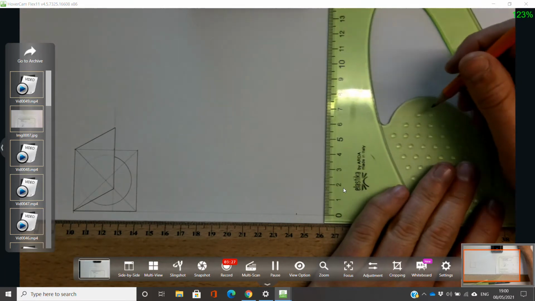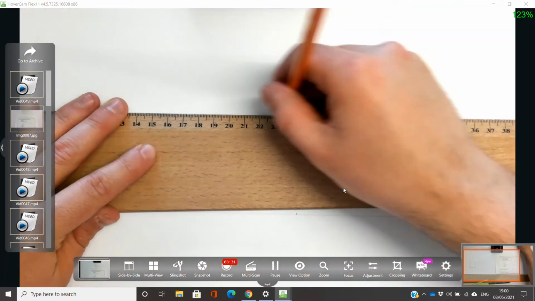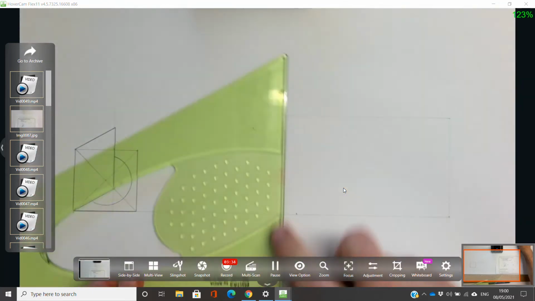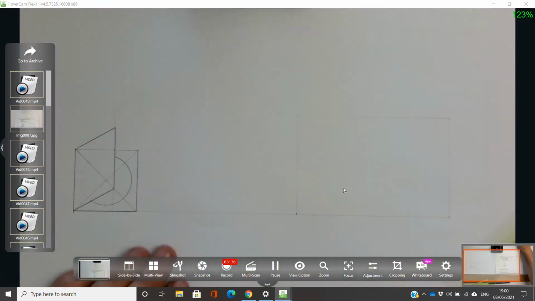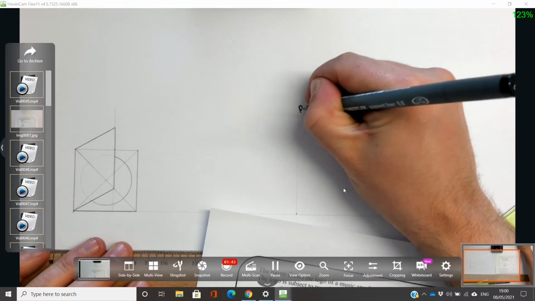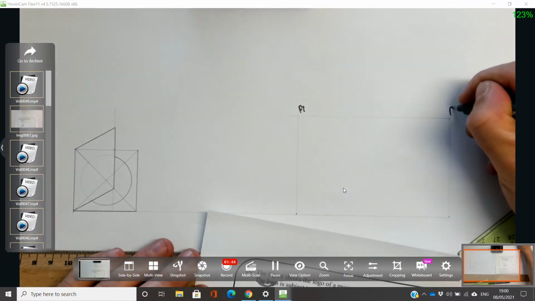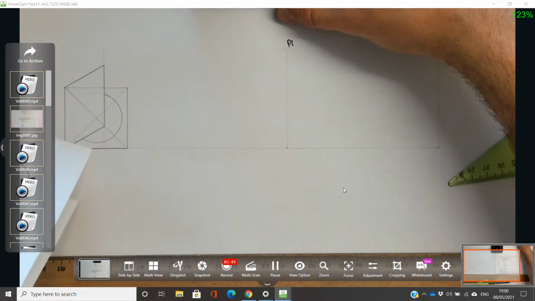And up 65 for both of them. So there's P1, there's P4.